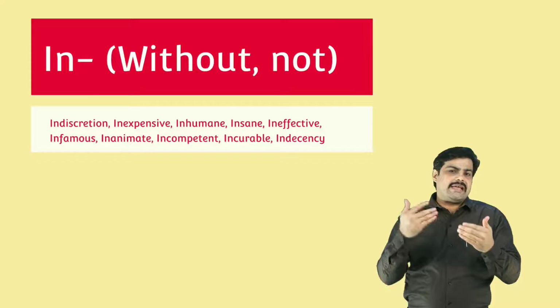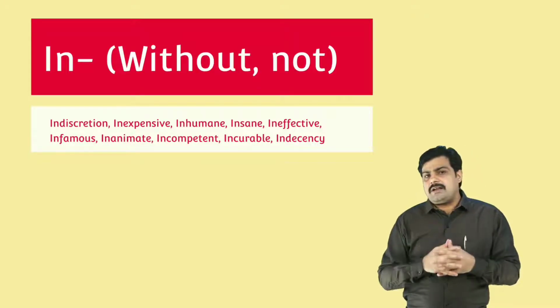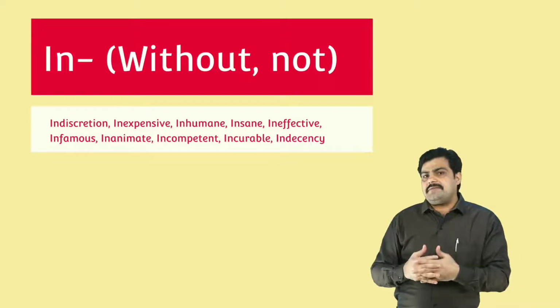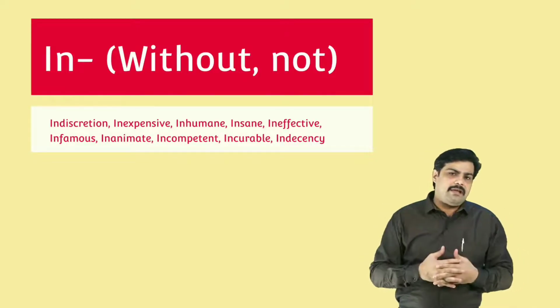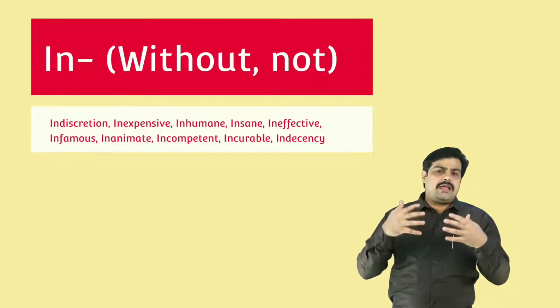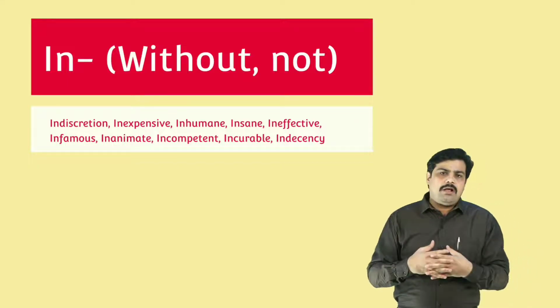Another negative prefix is in. In some words we add in instead of im. For example, discretion, indiscretion, expensive, inexpensive, humane, inhumane, insane, ineffective, infamous, inanimate, incompetent, incurable, indecency, and many more words are there.